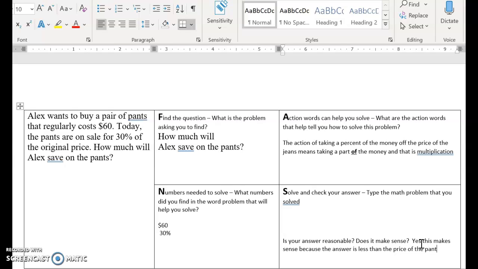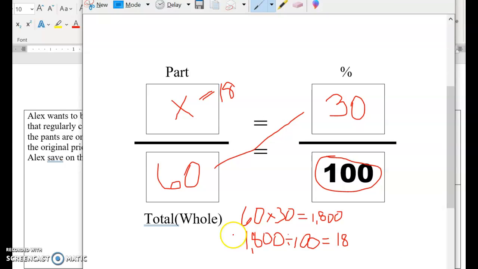Or, well, it didn't say jeans, it said pants. So what does that mean? The pants cost $60. If I'm taking 30% of that price, that 30% can't be higher than 60. I'm only taking a part of it off. I couldn't save $80 if the pants only cost $60 to begin with. So he's saving a total of $18, and that does make sense.